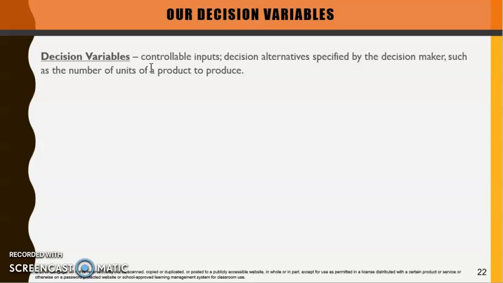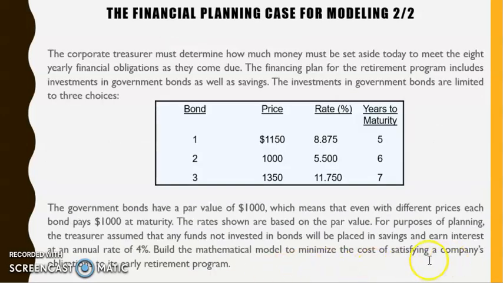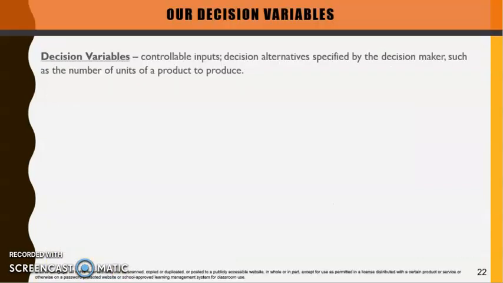No, that cannot be the decision variable, because as it is mentioned here, minimizing the cost of satisfying a company's obligation to its early retirement program is the objective function.